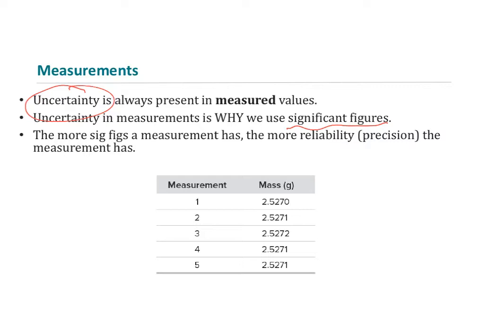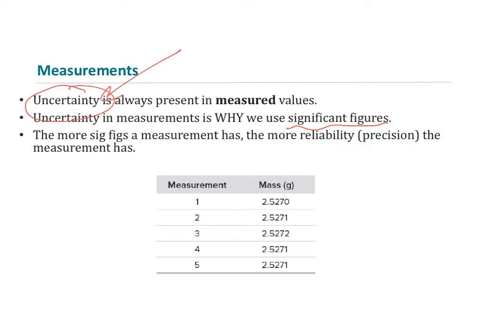So there is always uncertainty in every single measurement. And so the number that you record must be representative of how certain you are. And that depends in part on the equipment you're using for that measurement.